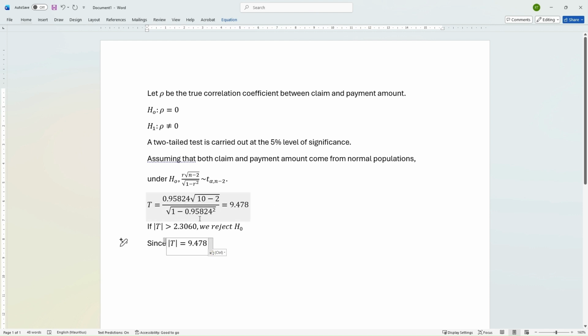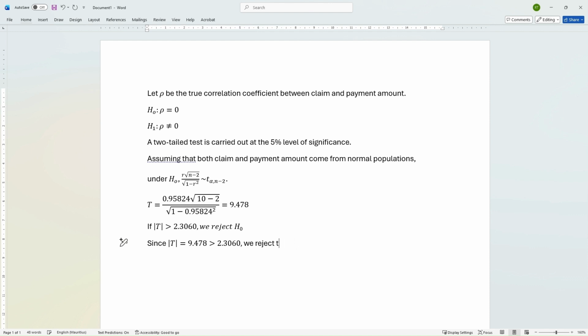And this value goes according to that rejection region because 9.478 is definitely greater than 2.306, so we reject. If it was, let's suppose, 1 point something, it would not go according to that, then it would be less than. But now we can see it is greater than 2.3060, so we reject the null hypothesis.